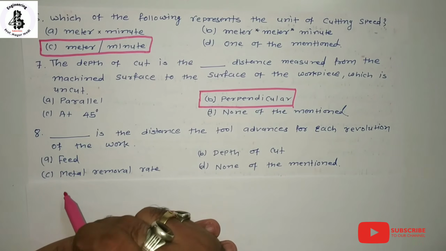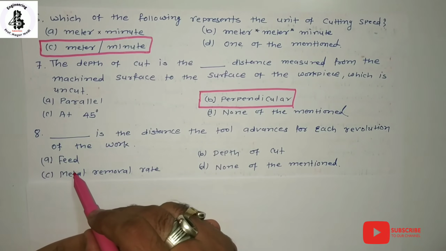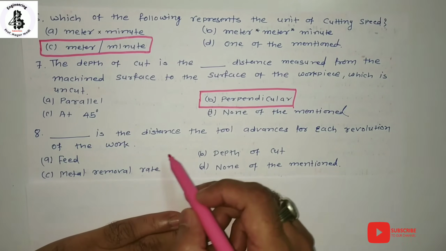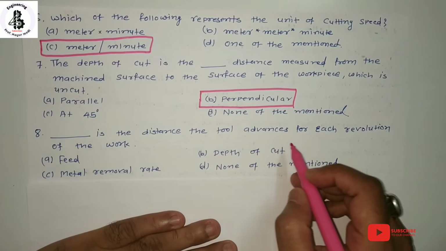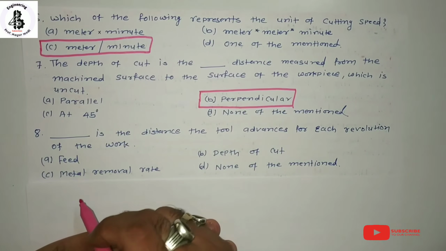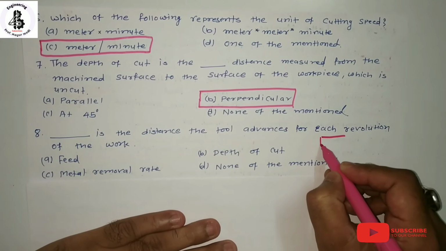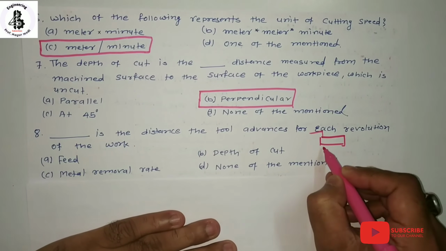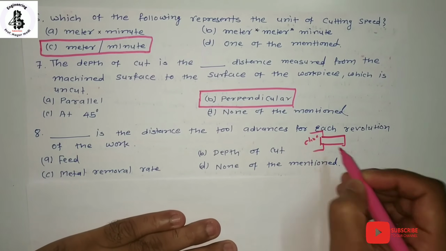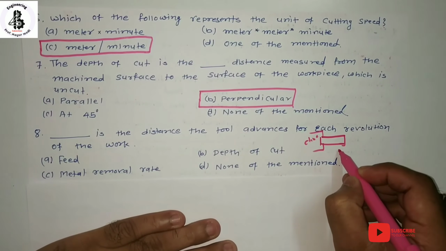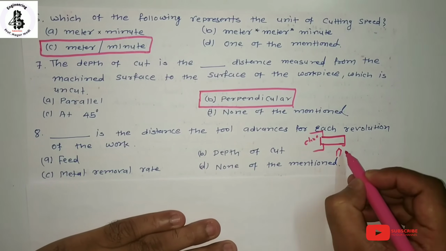So here, feed is the distance the tool advances for each revolution of the workpiece. Suppose this is our job which is fitted into the chuck of the lathe machine, and this one is our tool.